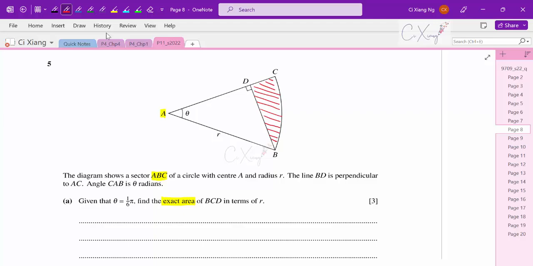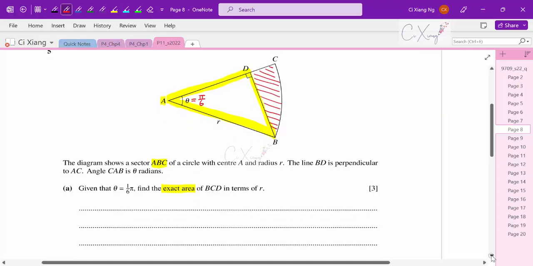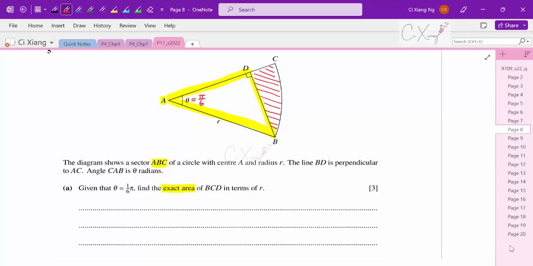Since they are telling us that theta is equal to pi over 6, we will look at this particular triangle here. This is a right angle triangle, right? For this right angle triangle, you can find the lengths of BD and AD using some properties of the right angle triangle.